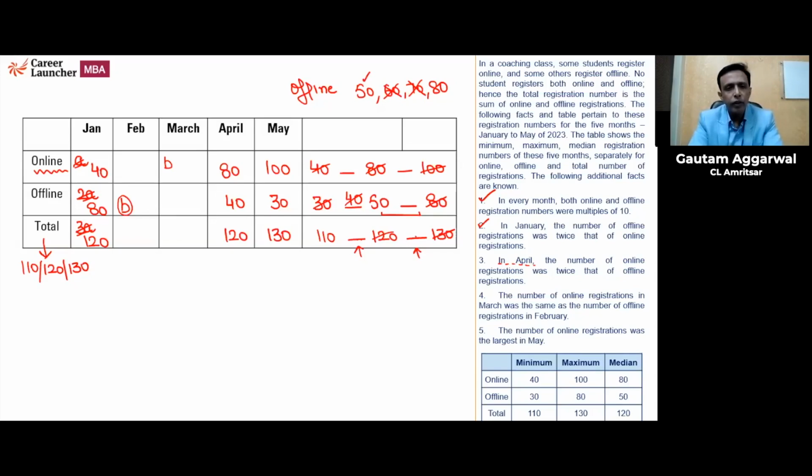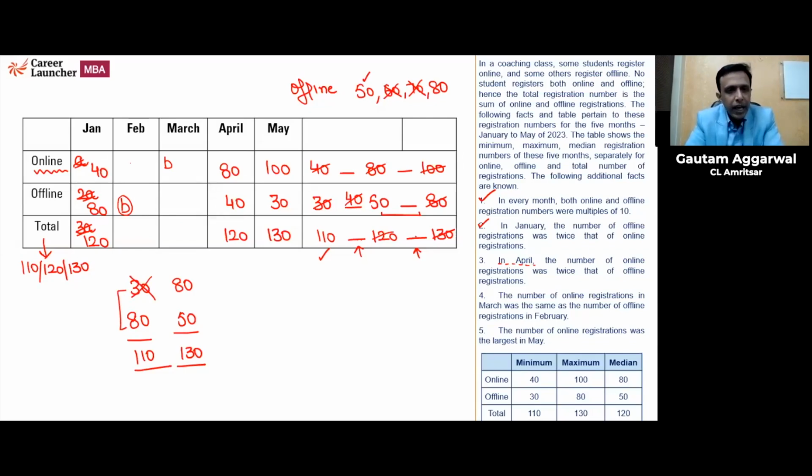अब मेरे पास what was left with is 50 और 80. When I'll try 80 रिजेक्ट हो रहा था. रीजन बीइंग, अगर मैं फरवरी में यहां मार्च 80 ले लेता हूं, ऊपर मुझे 110 से 130 बनाना है. अब लॉजिकली अगर मैं यहां पे 80 ले लेता तो ऊपर लॉजिकली मुझे यहां पे भी 80 आ जाता. अब एक 50 होना जरूरी था. दिस वुड हैव मेड 130. दैट मींस दिस हैज टू बी 110 बिकॉज़ आई हैव नॉट यूज्ड 110 टिल नाउ. व्हाट डज दैट मींस? फरवरी में जो ऑनलाइन रजिस्ट्रेशन है वो 30 हो जाती, which was not possible because minimum possible registrations online में 30 नहीं थी, 40 थी.